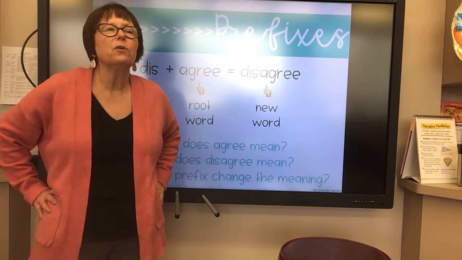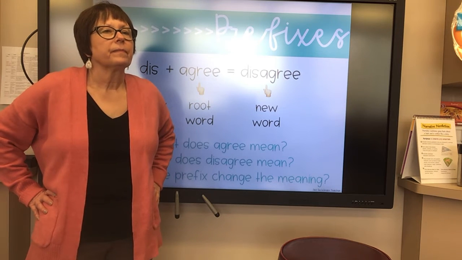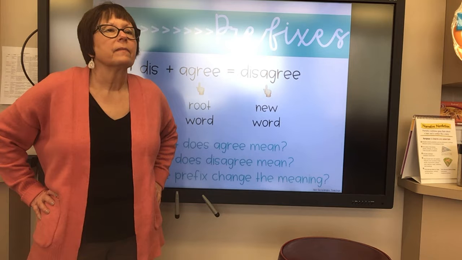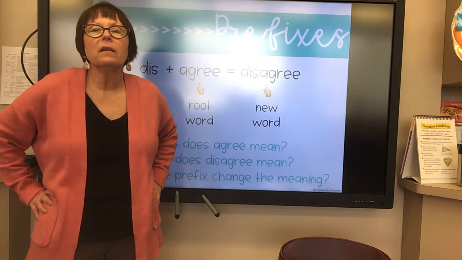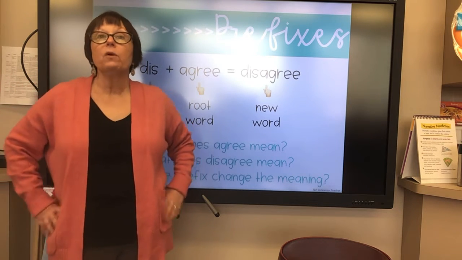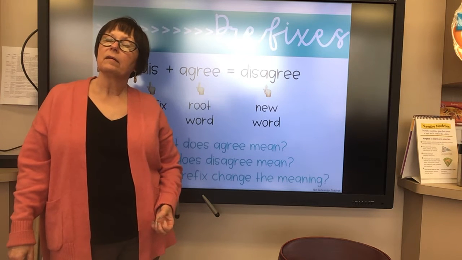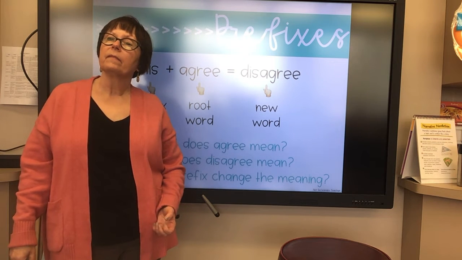So what do you think it means if you and I agree on something? We like the same things. Isabella? We like the same thing that we're saying. Beckett? That we agree on something and we don't fight over it.